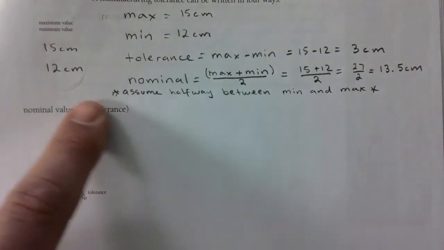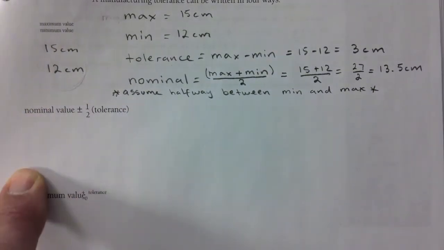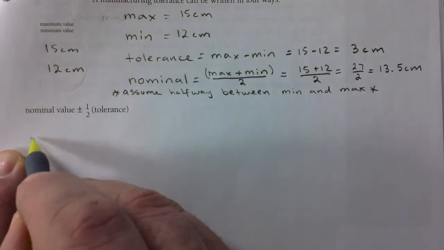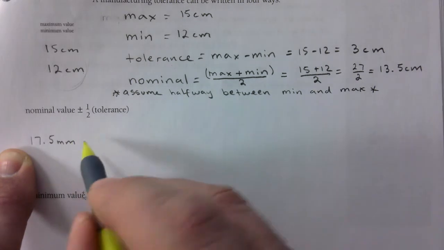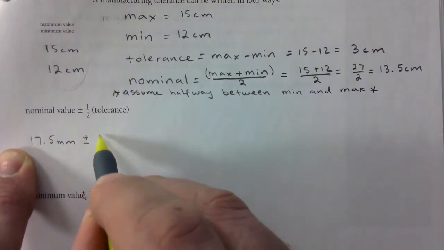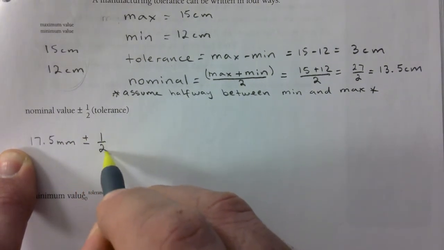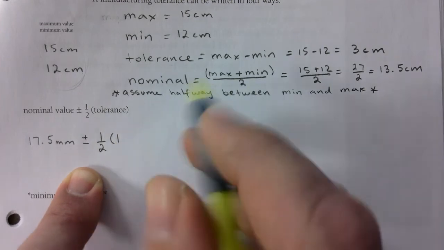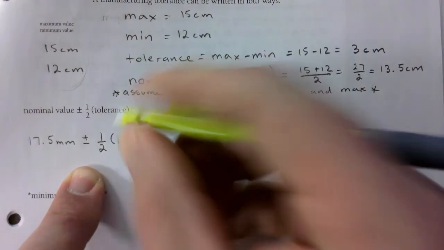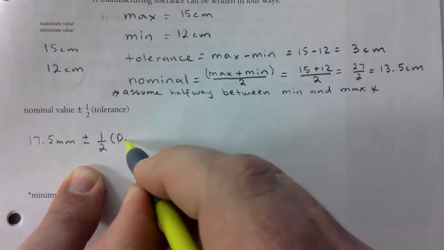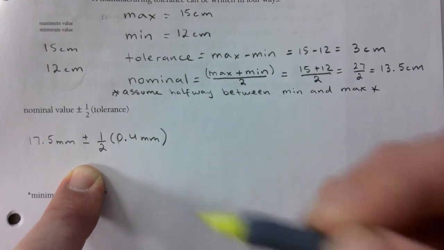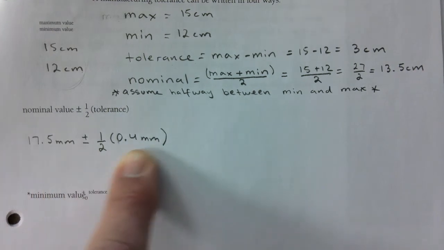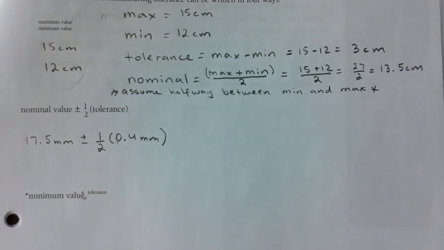Next, something like this. So I'm going to give you an example. Let's say you were given a measurement 17.5 millimeters plus or minus half of the tolerance, which is 0.4. I'm giving you nice and easy numbers here, but it applies to everything. So let's say you're given something like this.